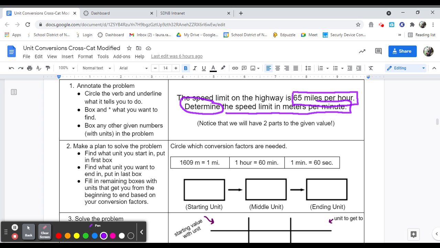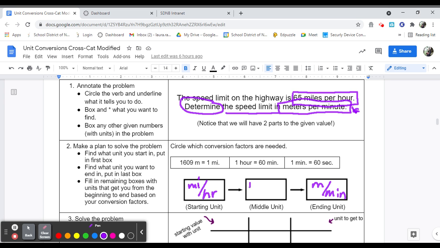So I want to get to meters per minute. So I'm starting in miles per hour, and I want to get to meters per minute. Now in the middle, I can either switch from hours to minutes right away or go from miles to meters.